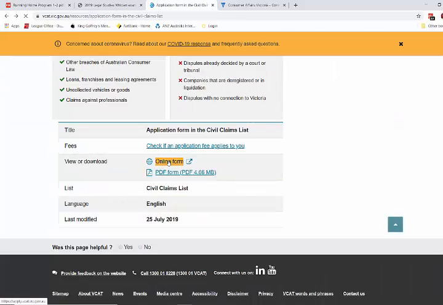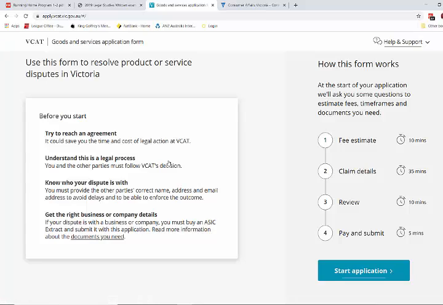So why don't we actually look at the online form and see what starting a claim at VCAT is like. VCAT straight away, before we start our application, wants to tell us, hey, maybe you should try and reach an agreement. Okay? Could save you time, could save you money. These are things we consider before initiating a claim.